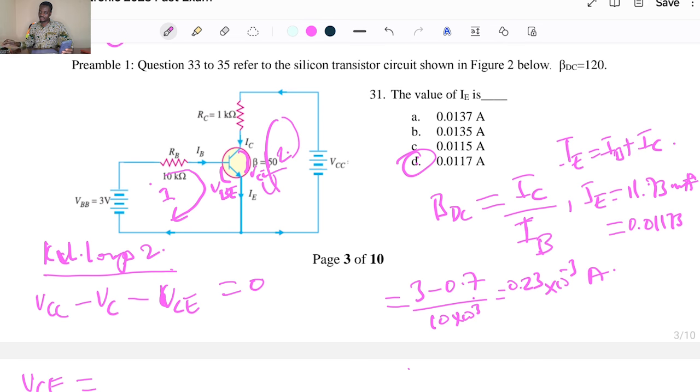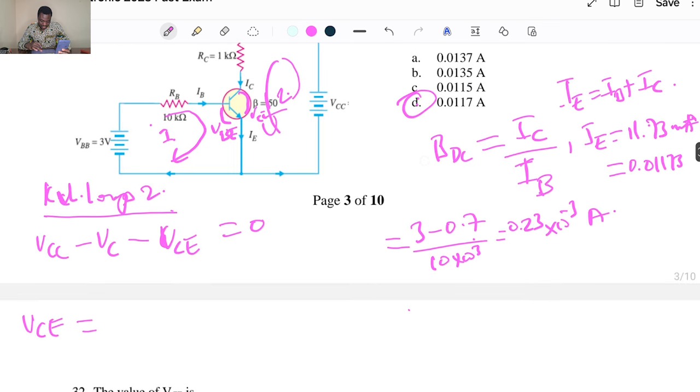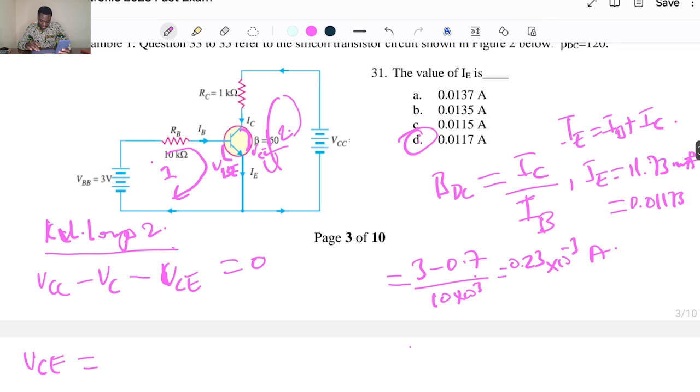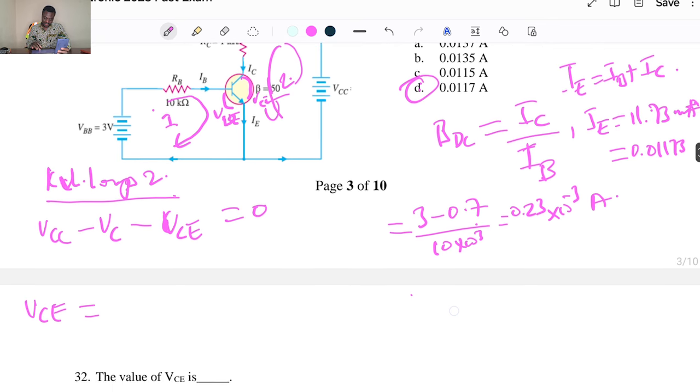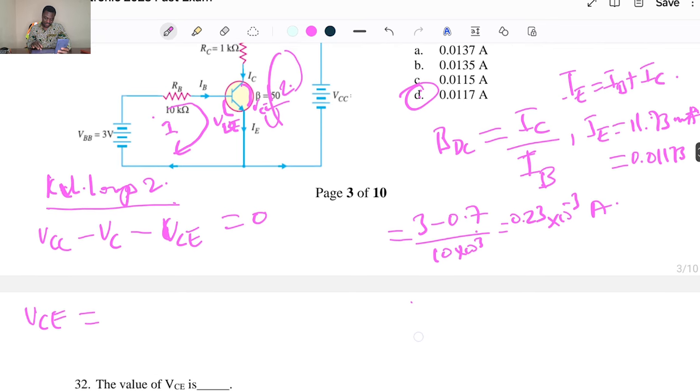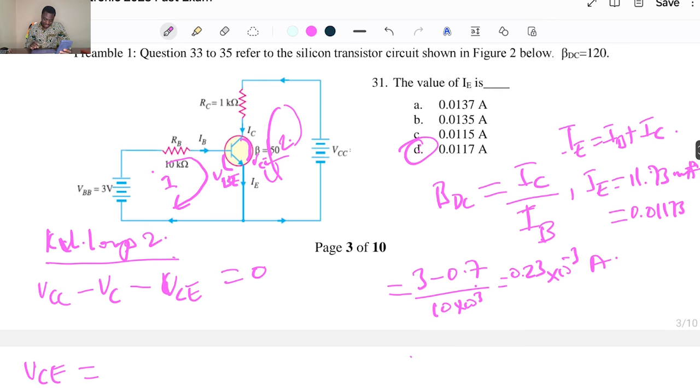I cannot see VCE, VCC. It's not given. Is it a mistake or something? But I think it's probably 5 or something, right? VCC here is not given.